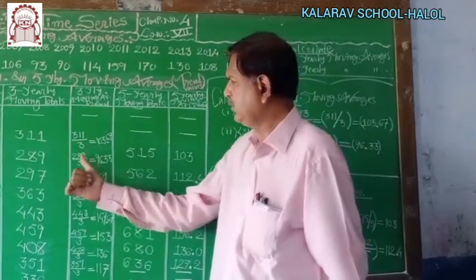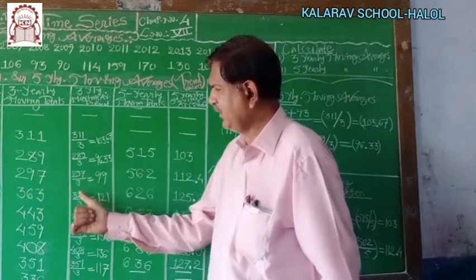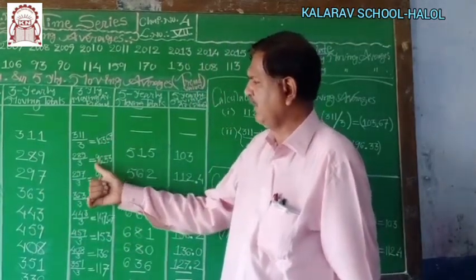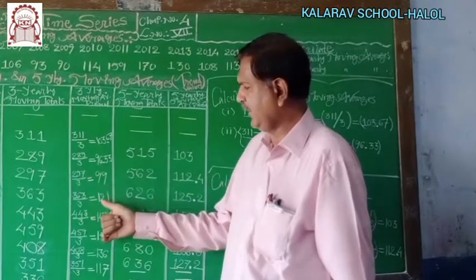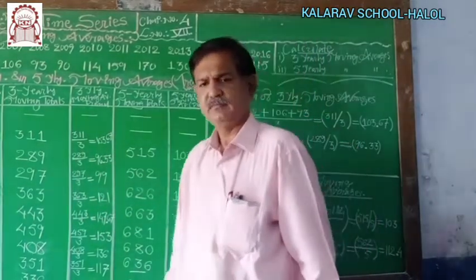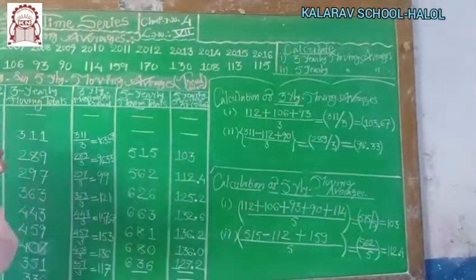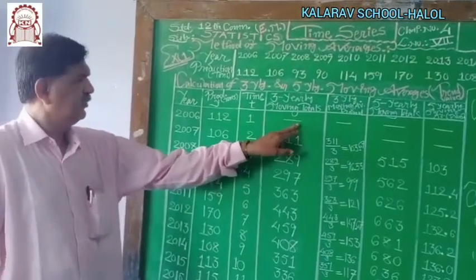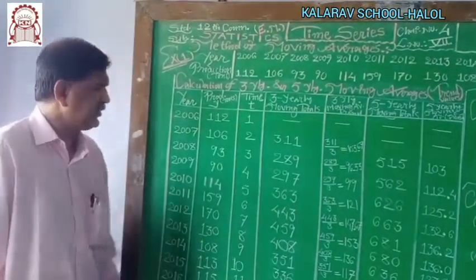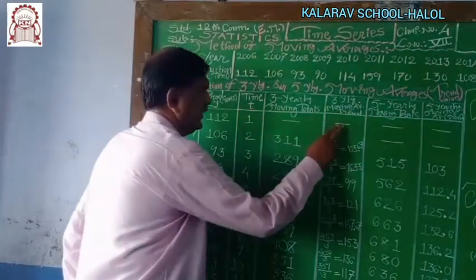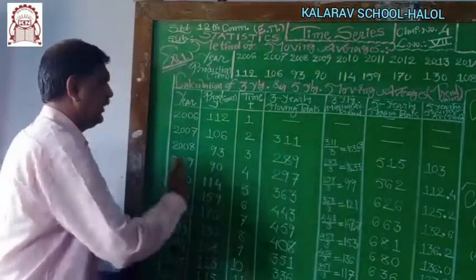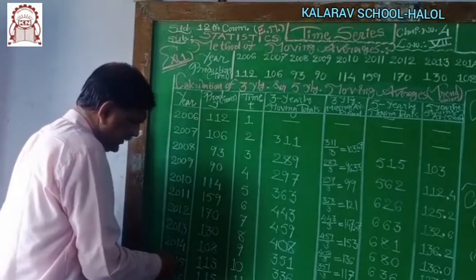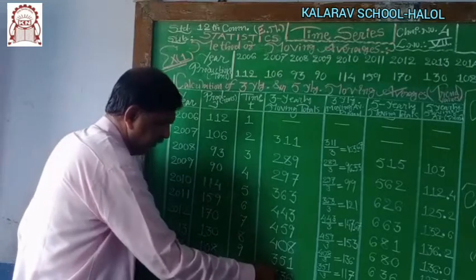311 by 3, 289 by 3, 297 by 3, 363 by 3 give respectively 103.67, 96.33, 99, 121 and so on. For computing the 3 yearly moving average, for the first there is no number, so a dash should be written in the total and in the average value also. Similarly the last 3 total, against 2015, is 336.